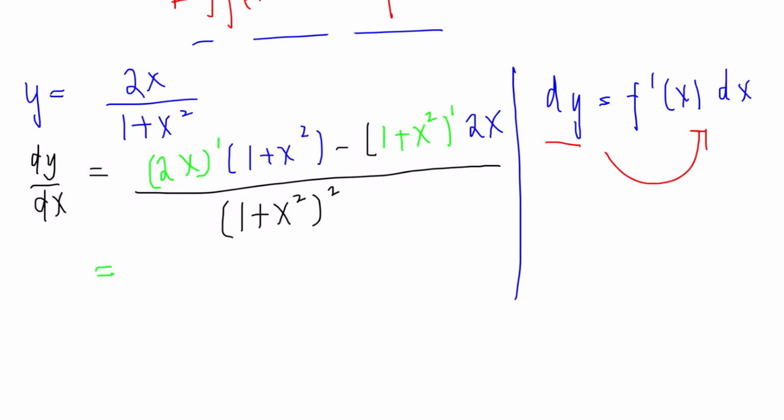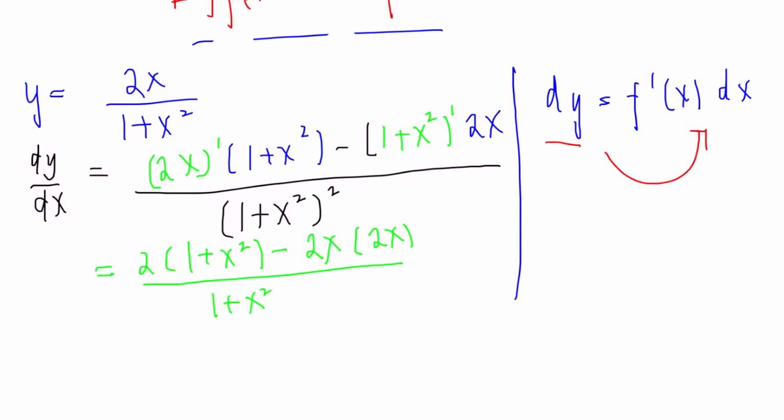So to differentiate 2x is going to be 2, and then we're going to multiply that with 1 plus x squared, and then we subtract that. If we differentiate this, it's going to be 2x, right? And then we multiply that with the 2x over there. Then we divide everything by the denominator, 1 plus x squared raised to power 2, all of it at the bottom.